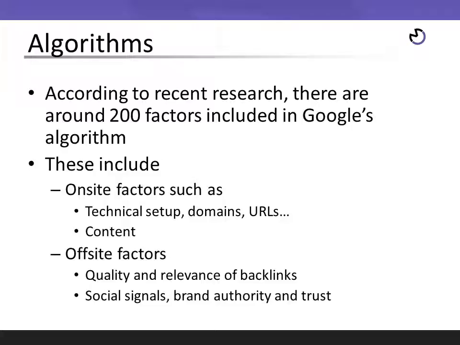But that also includes, more and more, the social signals, as well as brand authority and trust. These are new concepts in SEO that came up in the last few years, really, with Google trying to integrate more of people's opinion of a website. So let's say social signals is people endorsing your business on Facebook, saying they like it, following it, linking back to it. And these have in turn driven the terms of brand authority and trust.